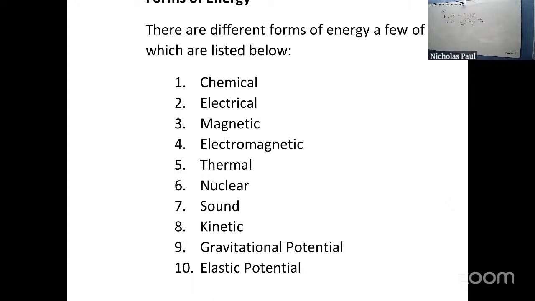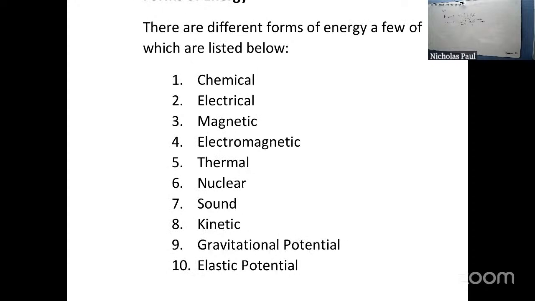Here we have all the different forms of energy: chemical energy, electrical, and so on. Can I have examples of a few of them? What's an example of something with chemical energy?